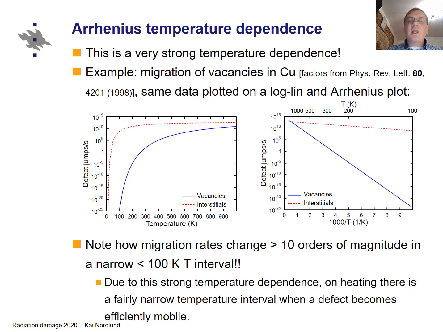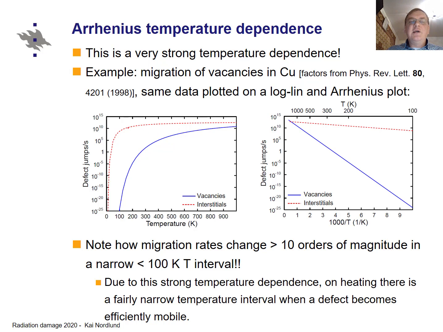But even if you haven't, the important thing to realize is that Arrhenius temperature dependencies can have an extremely strong dependence on temperature. And this is illustrated on the left side for migration of vacancies and interstitials in copper using one set of factors, which is probably pretty reliable.